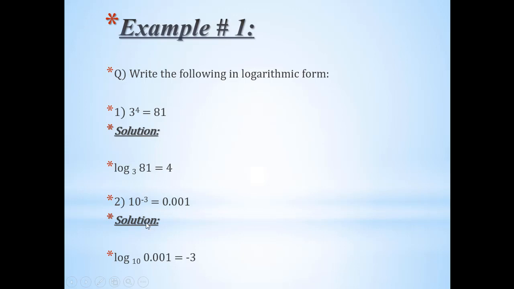As I have told you, place the base under the logarithm. In this case base is 10, so we place 10 under the logarithm, and the exponent will be shifted on the right hand side of the equal to sign. So negative 3 is the exponent, we will shift it on the right hand side, and the number will be placed with the logarithm. The number in this case is 0.001, so we place it over here.